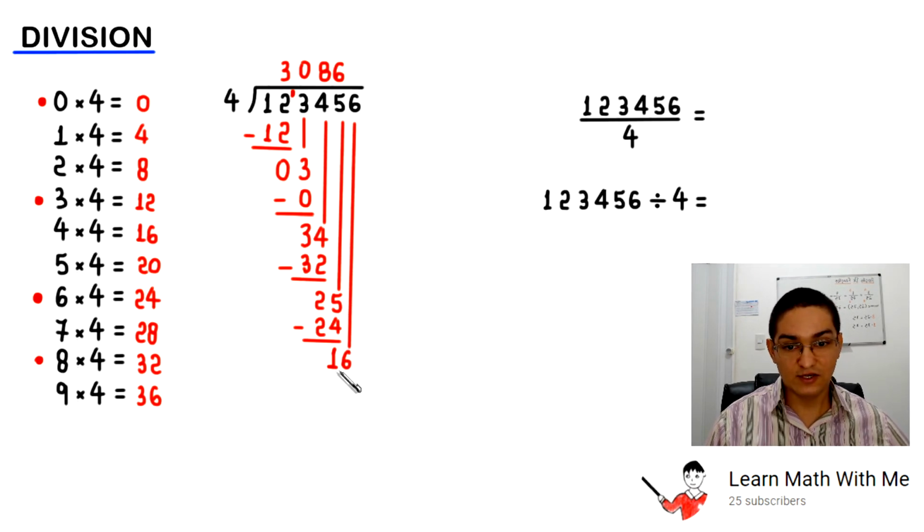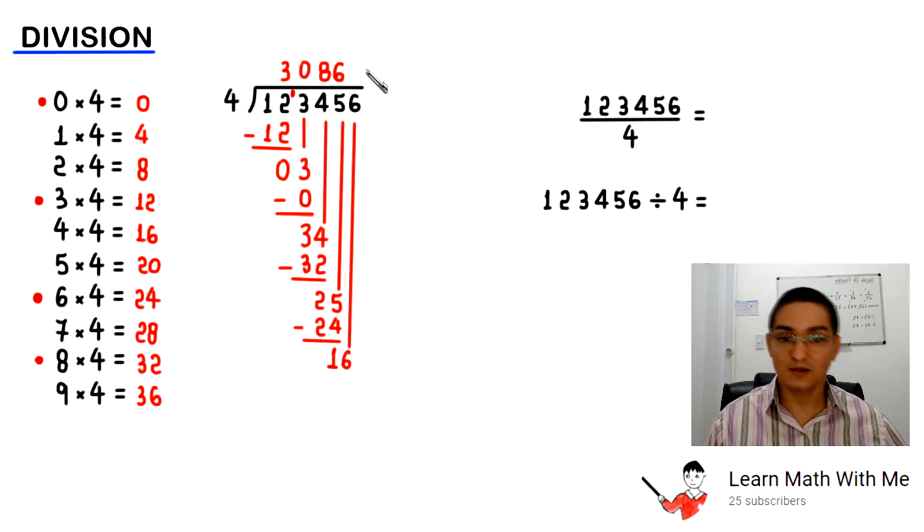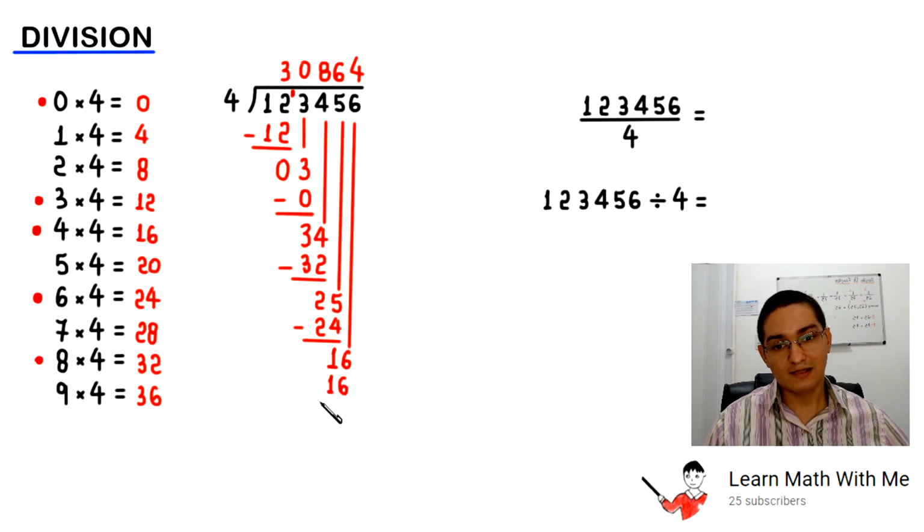That way we have here 16, and we ask the question, how many times does 4 go into 16? You will see by looking at the multiplication table that it goes 4 times. So that is what I write here. 4 times 4 equals 16, and then we do our next subtraction because 16 minus 16 equals 0, and there are no other digits to bring down.